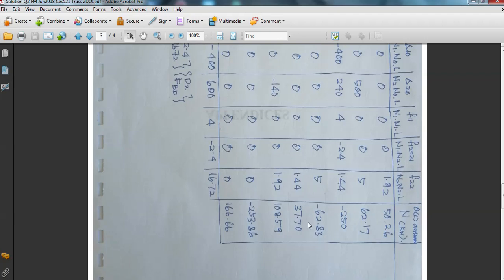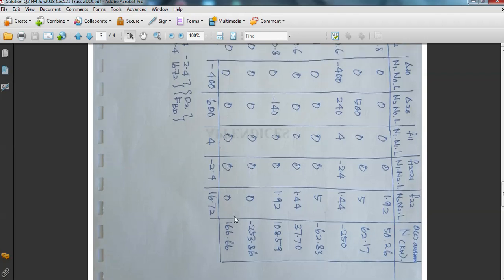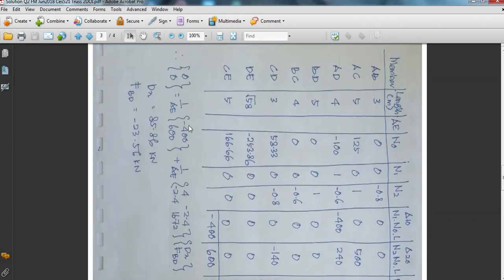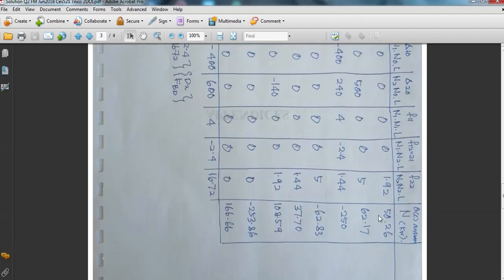N equal to N0 plus N1 multiplied by dx plus N2 multiplied by FBD. This is how we determine this N for actual structure. Okay, but please bear in mind, in this flexibility method, the objective is to determine the redundant force. After you have determined the redundant force, then you can determine your actual axial force for actual structure.